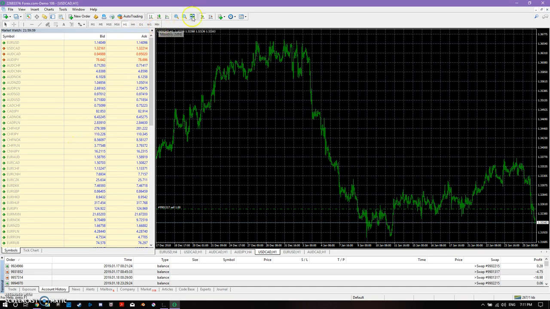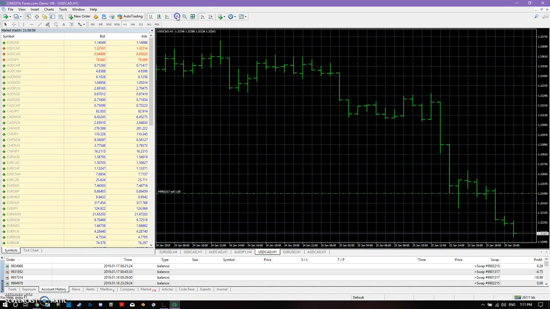There's different kinds of charts that you can choose, whichever you are comfortable with. This one is a bar chart. The bar chart is totally different from the candlestick chart and the line chart. So what you see, the two sticks, the one on the top is when there's a close price, or when the price is closing.